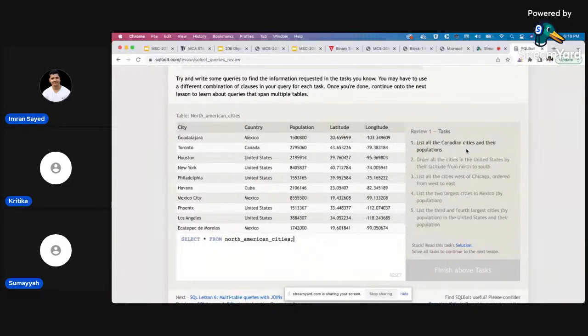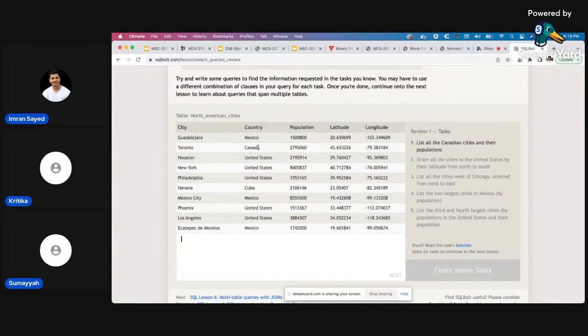Okay, so what is it asking for? List all the Canadian cities and their populations. So you want all the Canadian cities, so country has to be there.